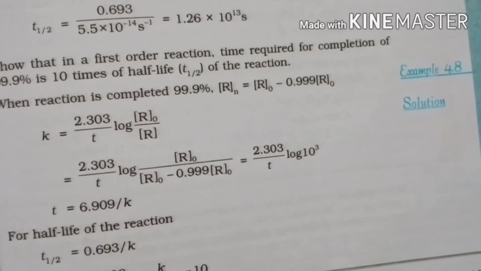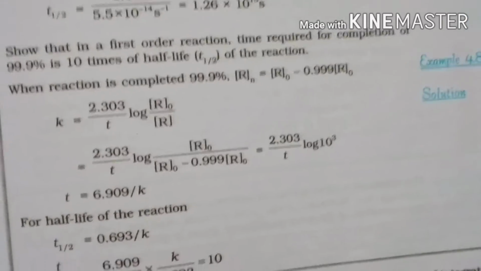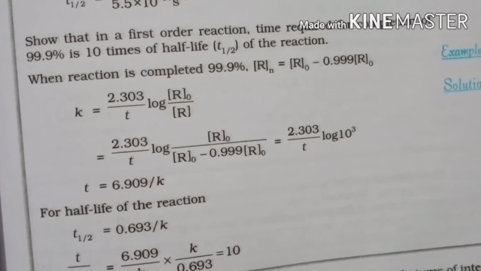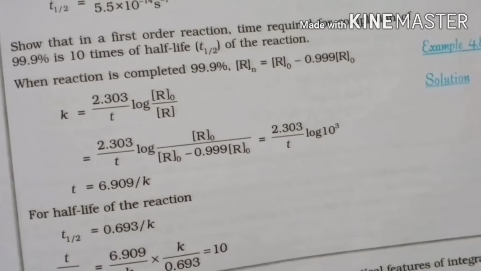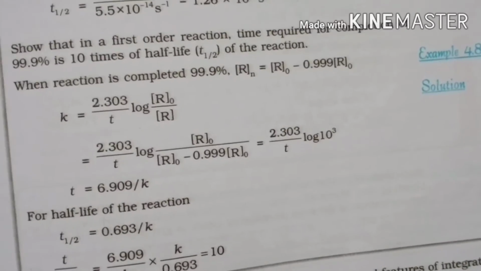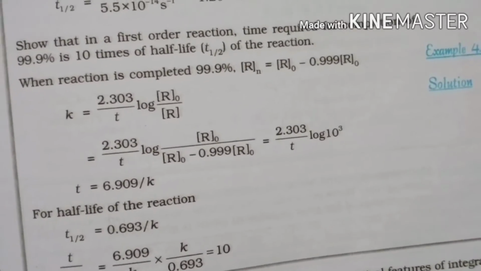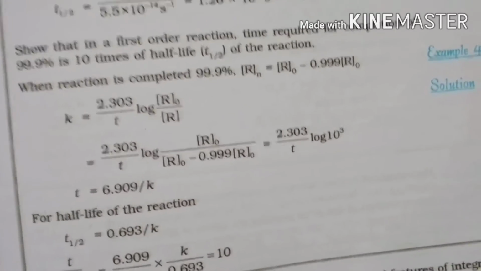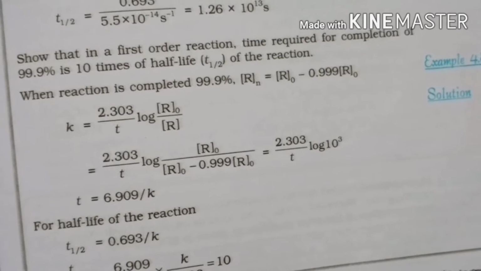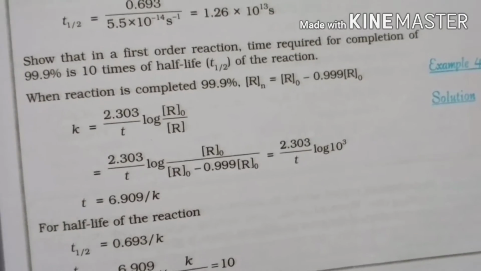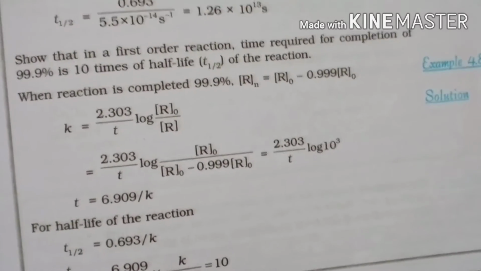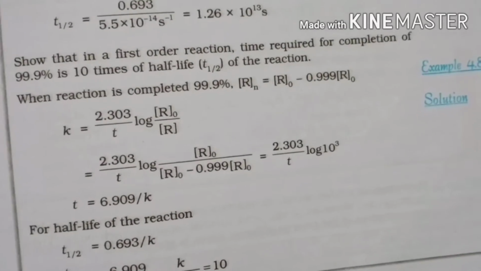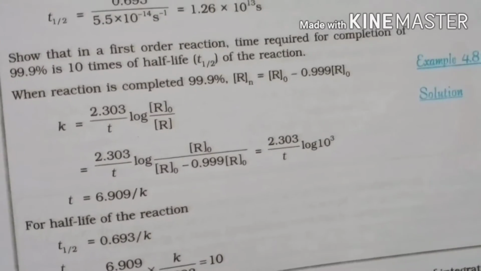Now substitute the value, then we get K equal to 2.303 by T log of R naught by R naught minus 0.999 R naught. So when you have done this calculation, 1 minus this, then you will get K equal to 2.303 by T log of 10 to the power 3.